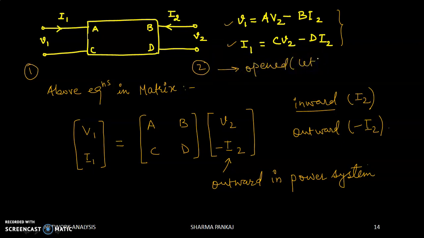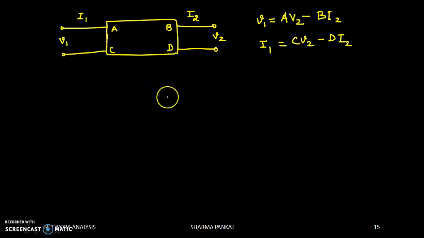That will give us I2 value 0, but V2 will exist. Okay, so let us calculate this. Open port number 2.